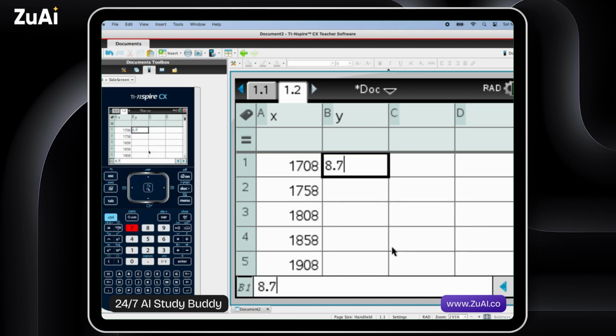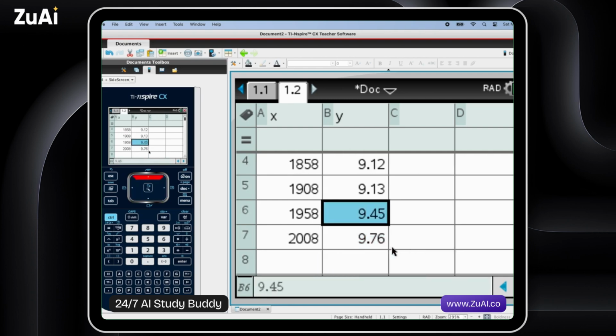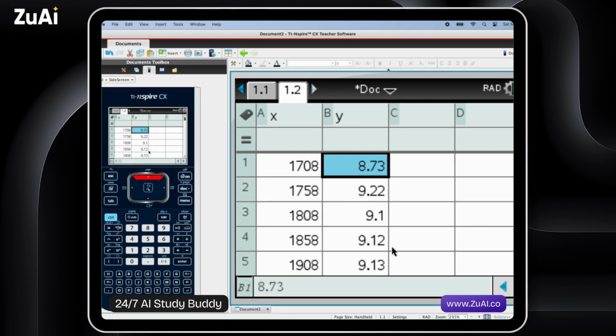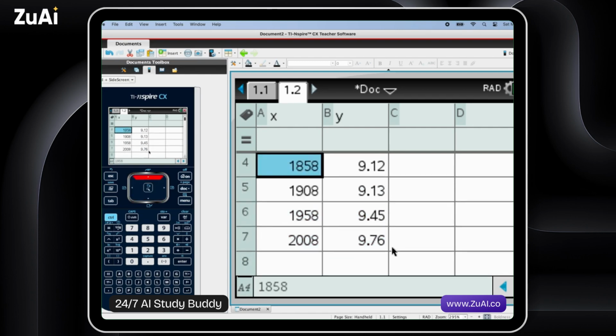So 8.73, 9.22, and so on, 9.45, and 9.76. Alright, sometimes it's not a bad idea to check these over. And these are all 50-year intervals.